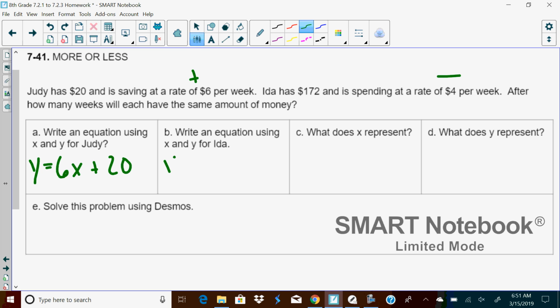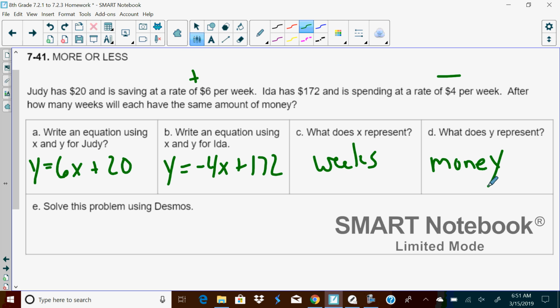For Ida, she's Y equals negative 4x plus 172. What does X represent? It represents the number of weeks. Y represents their money. And then when I put it in Desmos and figured out where they crossed, it was about 15.2 weeks. So if you said between 15 and 16, that would be fine.